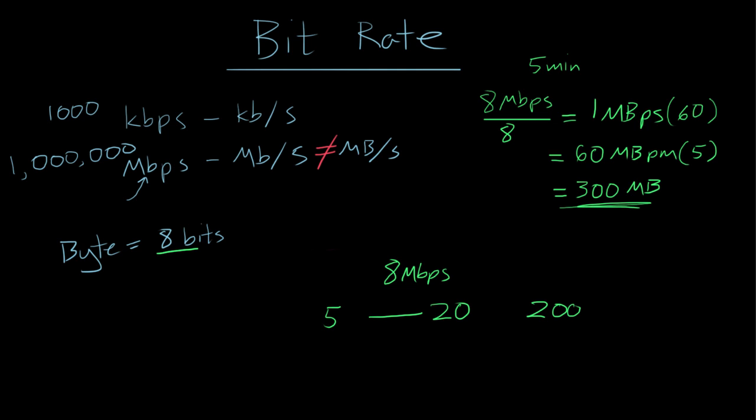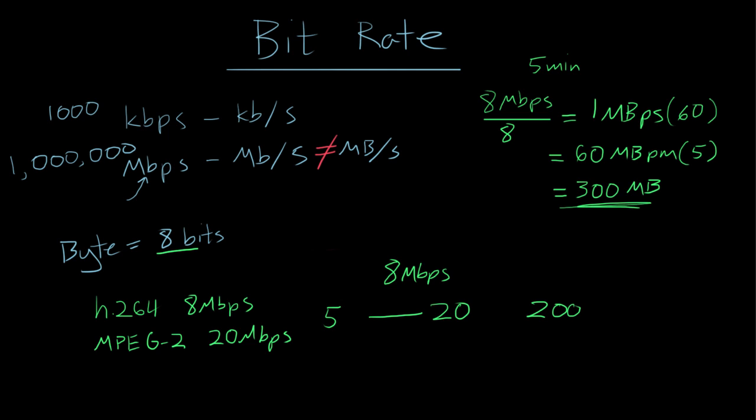Bear in mind that different codecs vary widely in how efficient they are. To take an example, say we have an H.264 codec at 8 megabits per second, and let's say I have MPEG-2, which is an older codec, not as advanced as H.264, at 20 megabits per second.